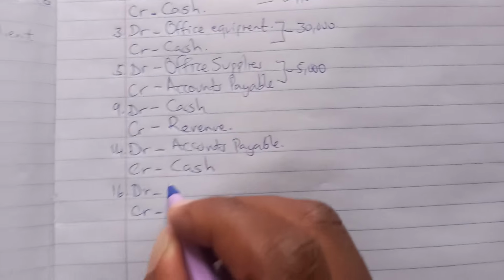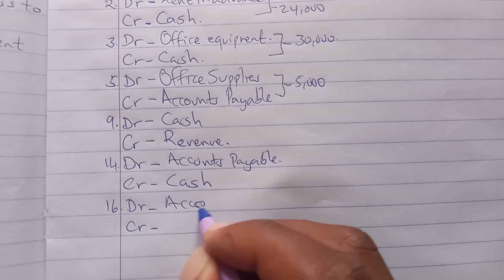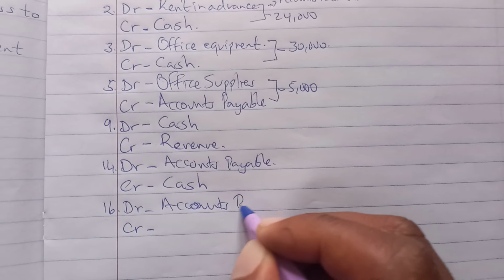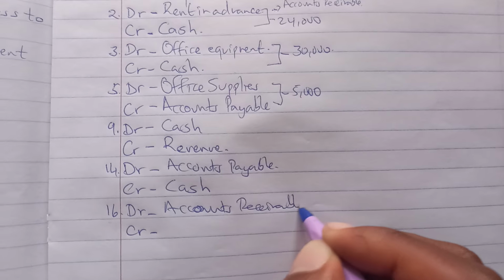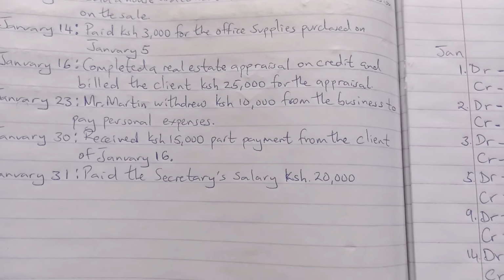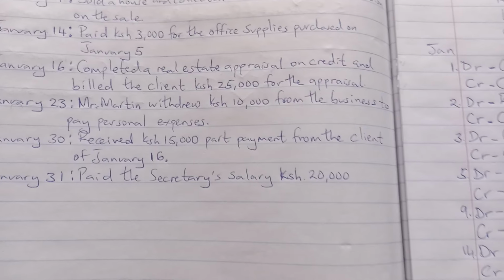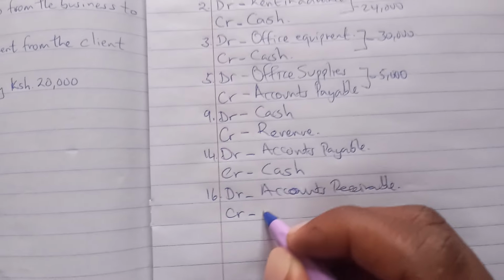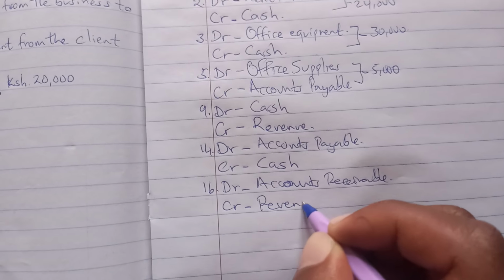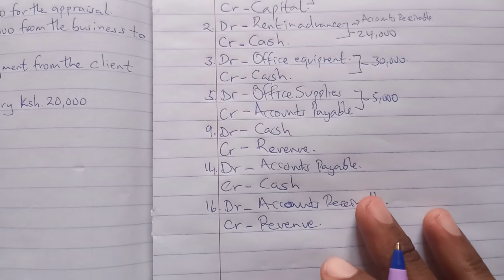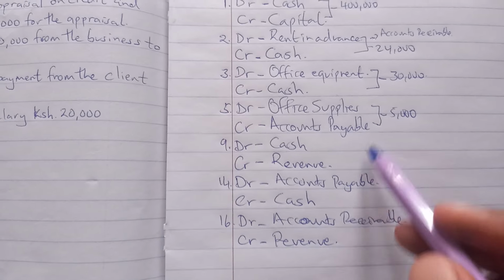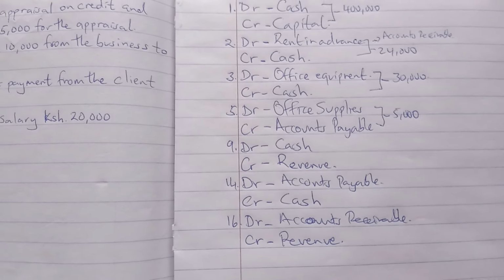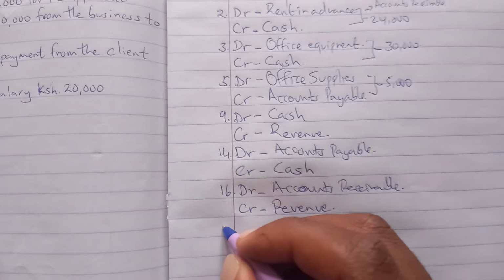So we debit accounts receivable. And what do we credit? I've said that this appraisal of 25,000 is a revenue channel. So we credit revenue. Okay? Yeah, I will input these figures later on.